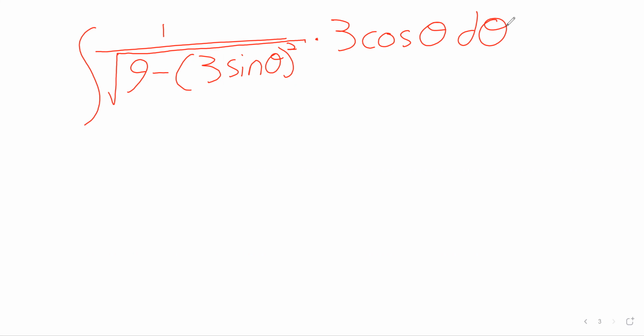And when you're using trigonometric substitution, just like in the last section, you're going to be using the Pythagorean identity.